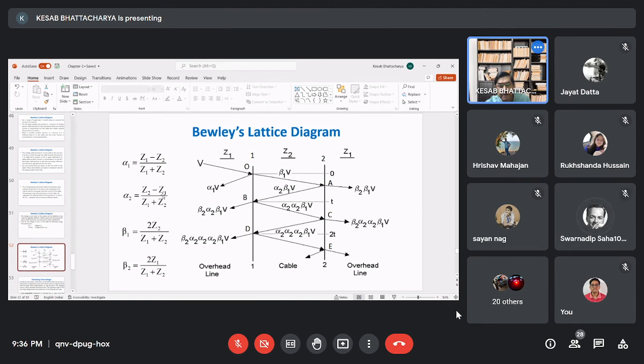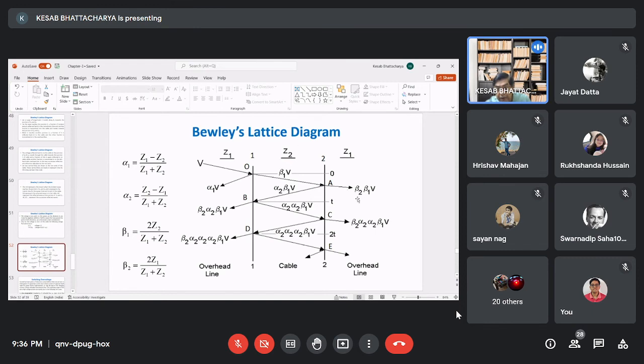So we find out this is alpha 2 into beta 1 into V. And here it will be beta 2 into beta 1 into V. For beta 2, this time, Z2 will be 2 into Z1 by Z1 plus Z2. Here Z2 was the surge impedance of the cable.